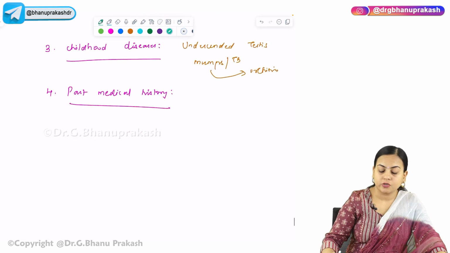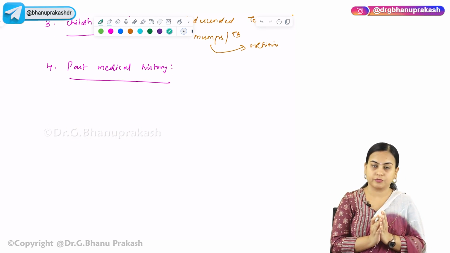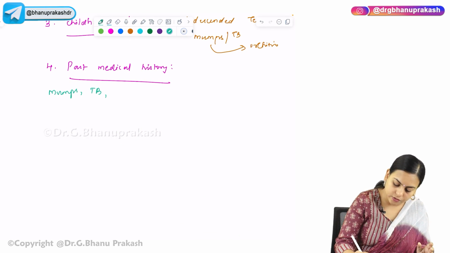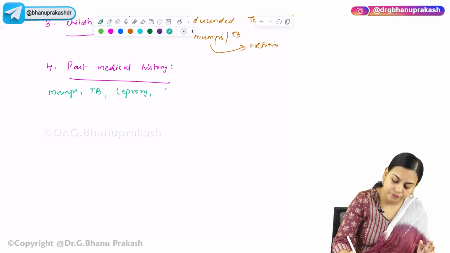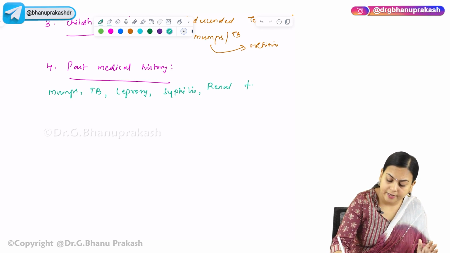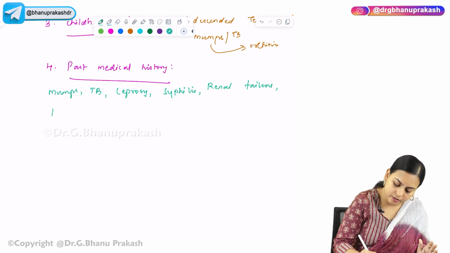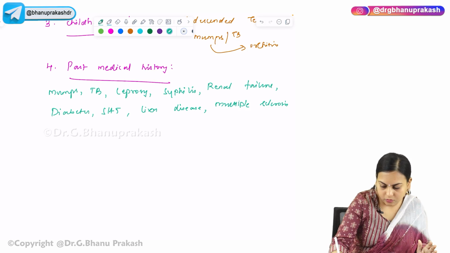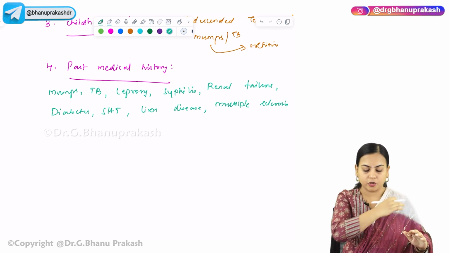Past medical history should include various disorders. Okay, so we have seen now, it should include mumps, tuberculosis, leprosy, syphilis. Okay, if there was renal failure, diabetes, hypertension, liver disease, or multiple sclerosis also. Okay, so all this history should be got.